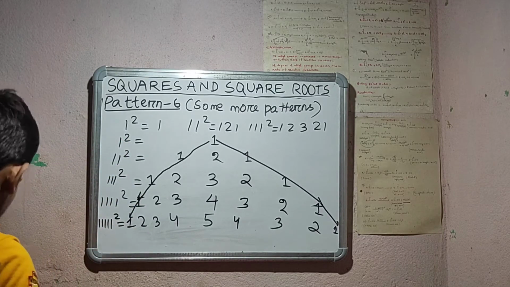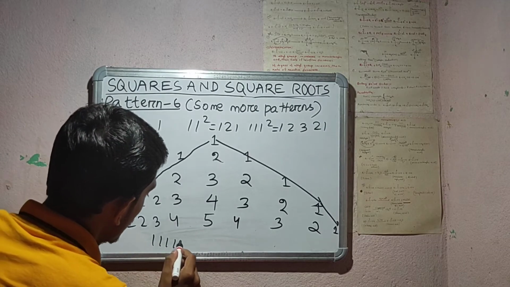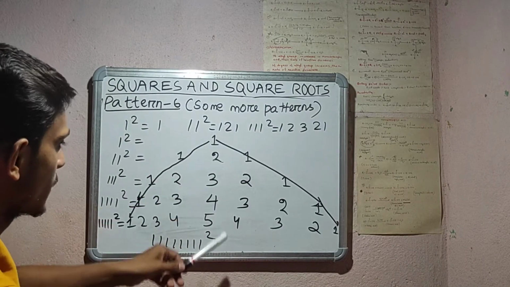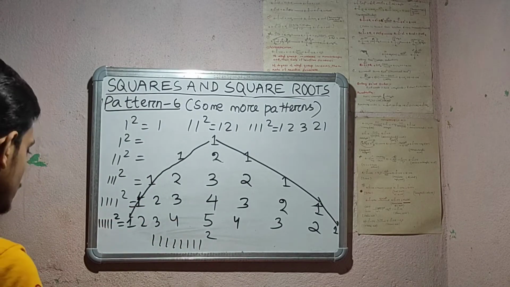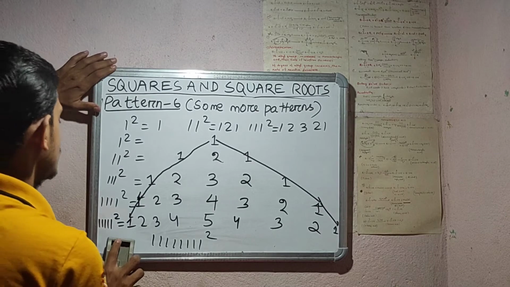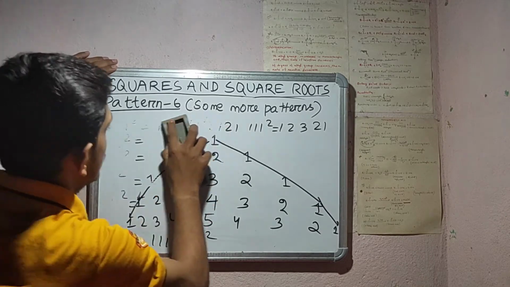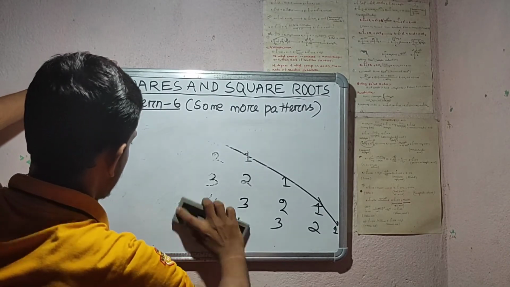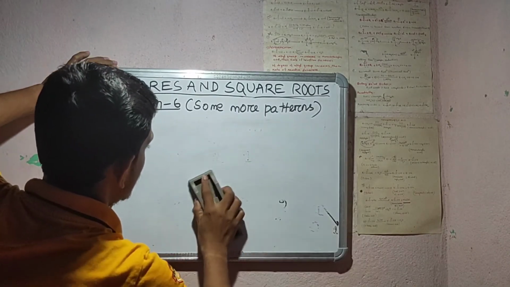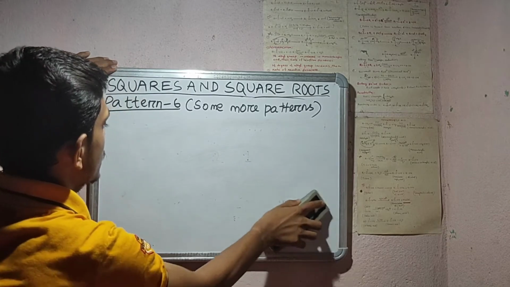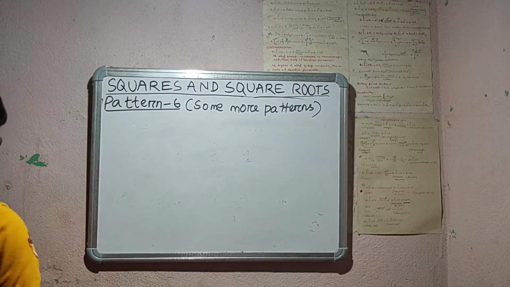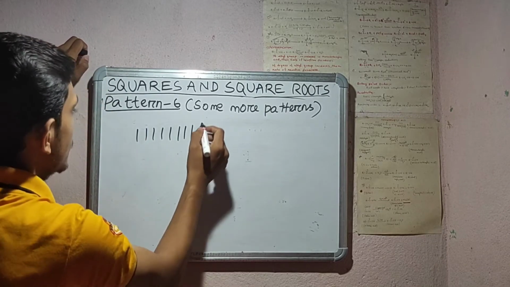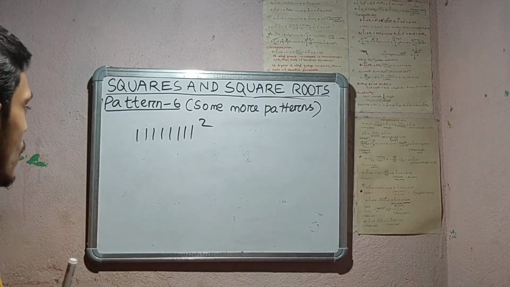In this way you can calculate the square of this number also. Let us consider the number 11111111. We have to write its square.